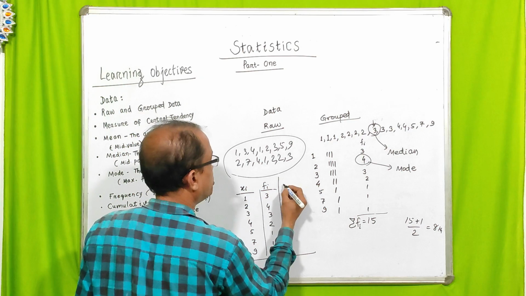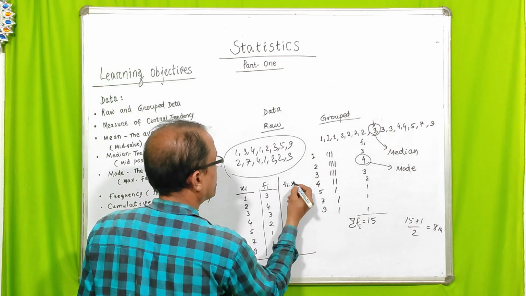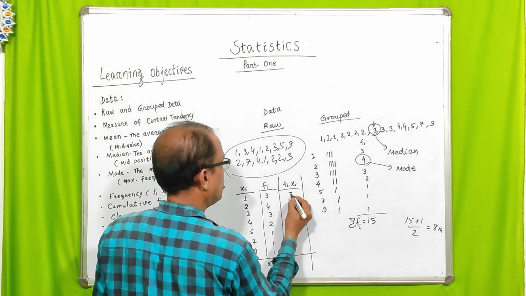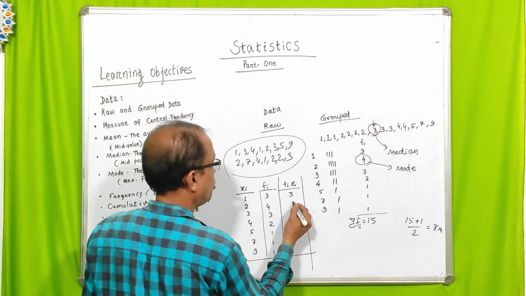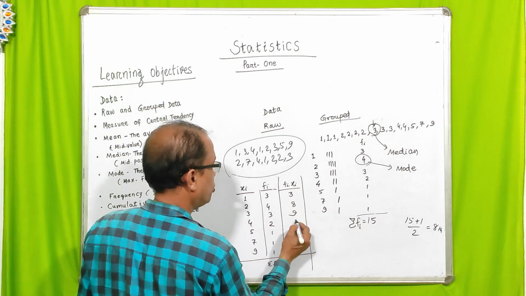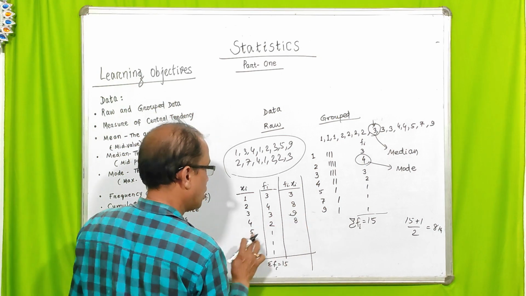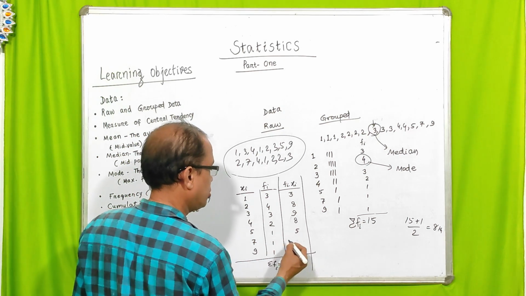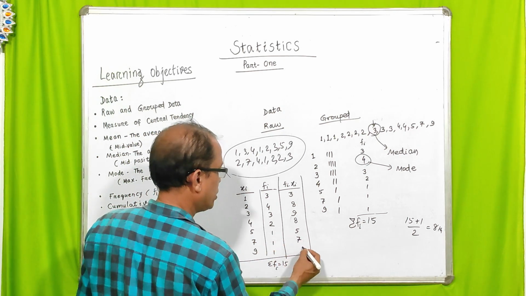Then we multiply these two, fi into xi. What is the product? 1 into 3 will be 3, 2 into 4 will be 8, 3 into 3 is 9, 4 into 2 is 8, and 5 into 1 is 5, 7 into 1 is 7, 9 into 1 is 9.